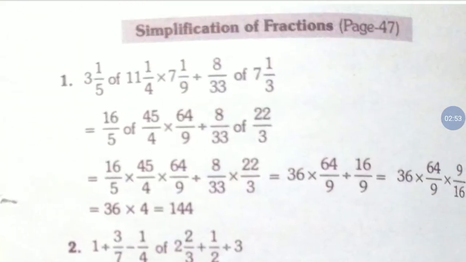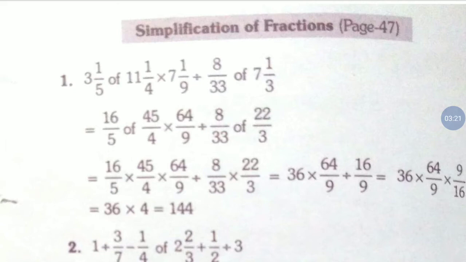It is given that 3 whole 1 by 5 of 11 whole 1 upon 4 multiplied by 7 whole 1 by 9 divided by 8 upon 33 of 7 upon 7 whole 1 upon 3.